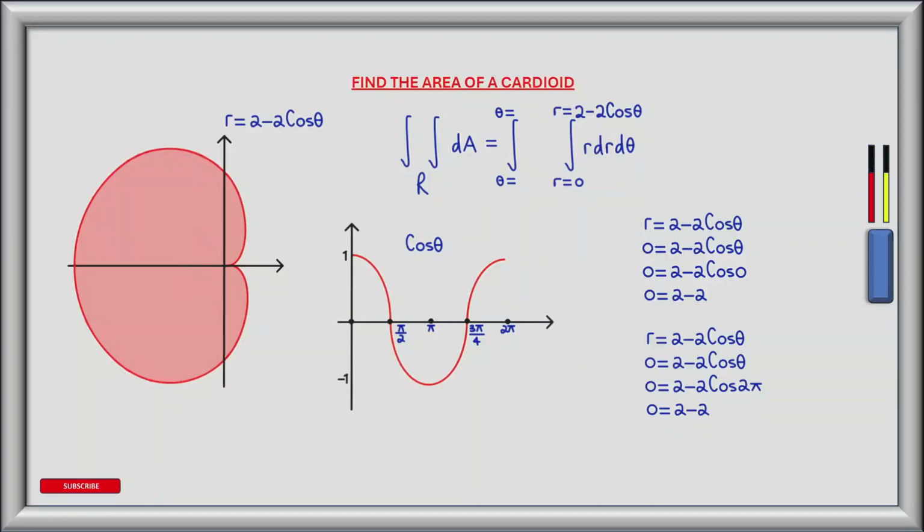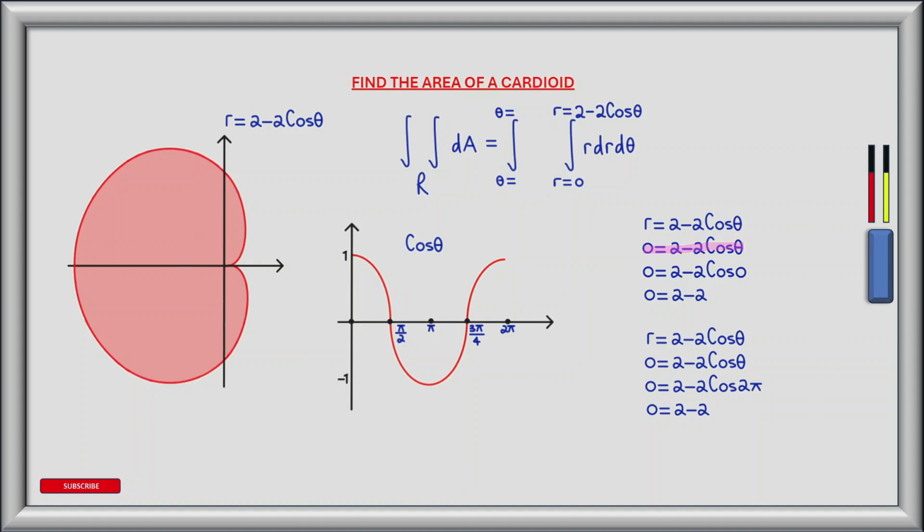Now let's look at how these limits can be manually determined with the help of a graph of the cosine function and our polar curve r is equal to 2 minus 2 cos theta. We saw that the cardioid graph began when r was 0. So let's plug 0 in for r into our polar equation. This leaves 0 is equal to 2 minus 2 cos theta.